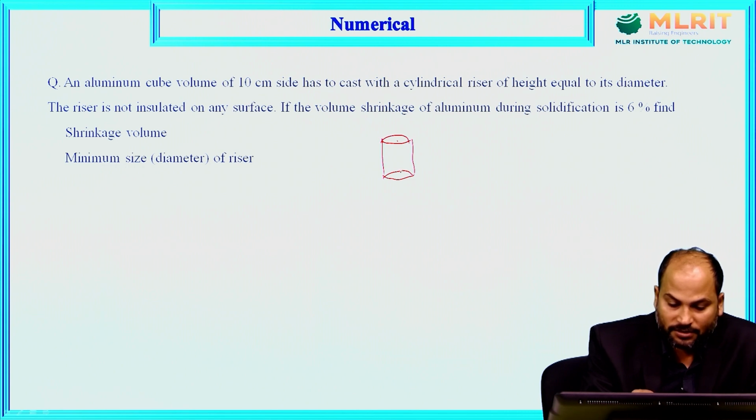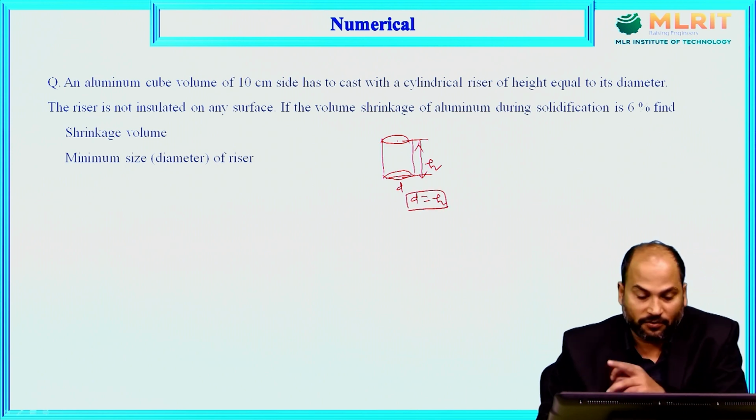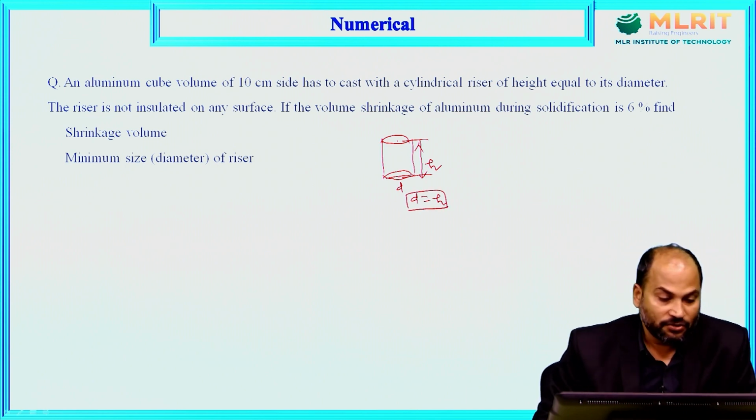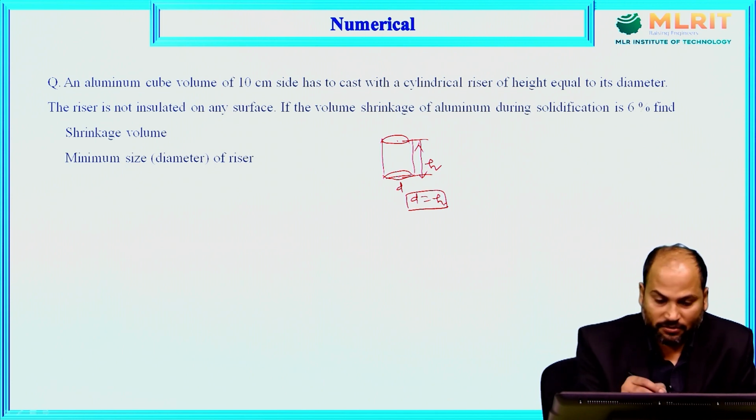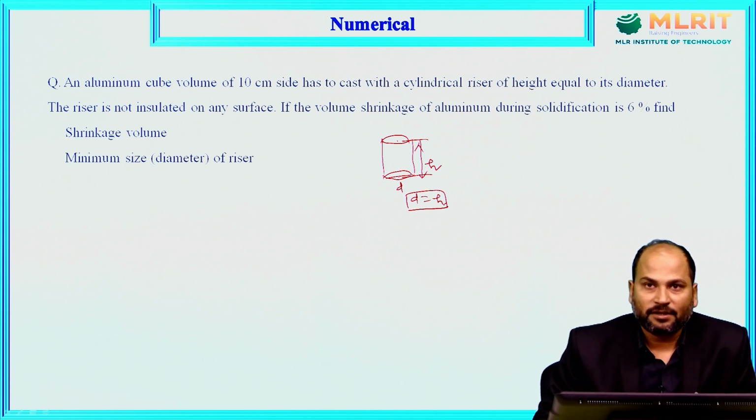Suppose its height is h, and its diameter we take as a small d. It is given in the problem that d is equal to h. The riser is not insulated on any surface, meaning all the surfaces are free for transfer of heat.